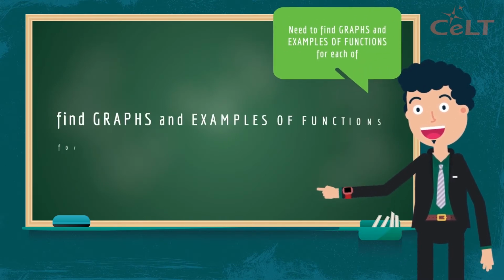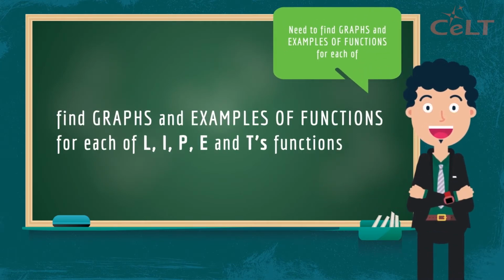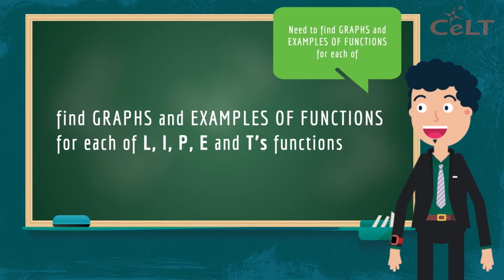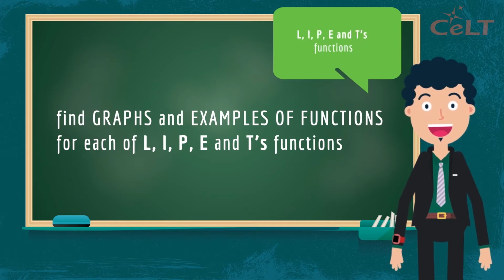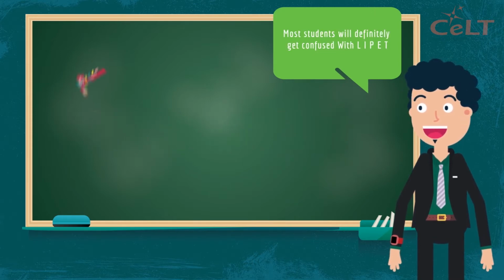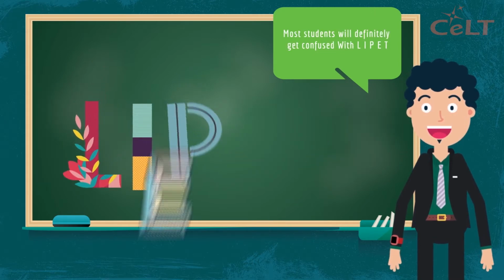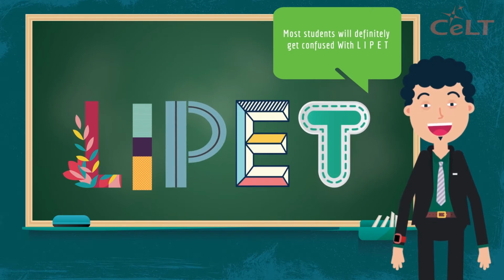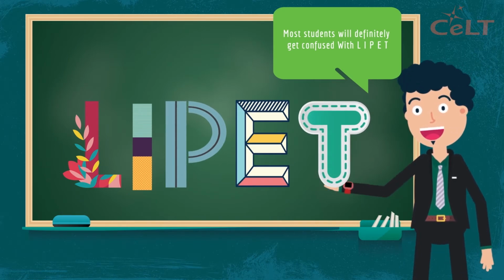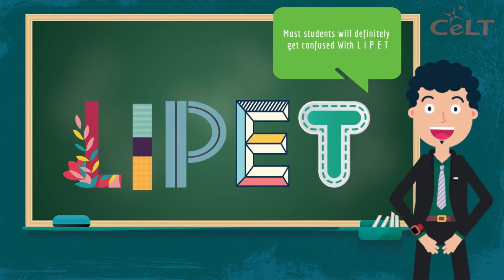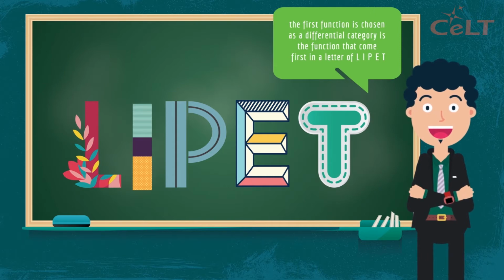Need to find graphs and examples of functions for each of L, I, P, E, and T functions. Most students will definitely get confused with L, I, P, E, T. The first function is chosen as differential category.